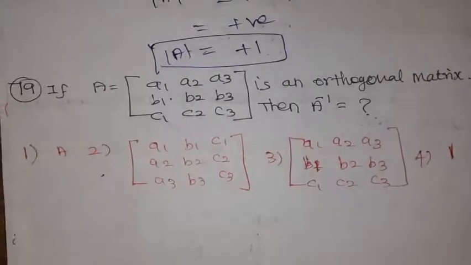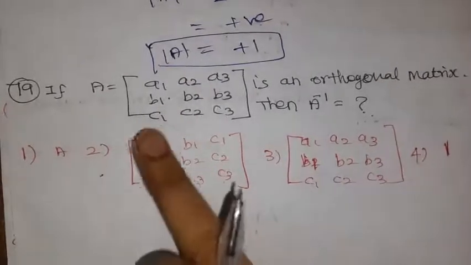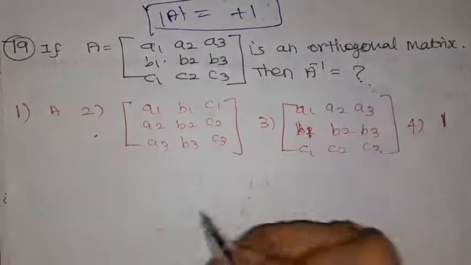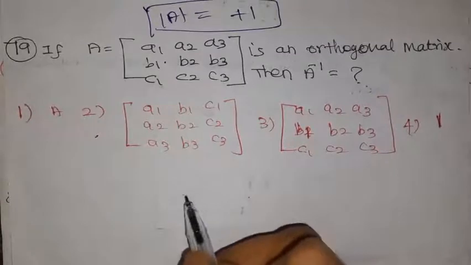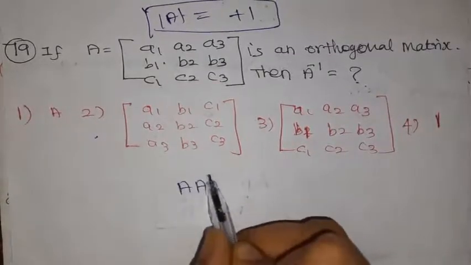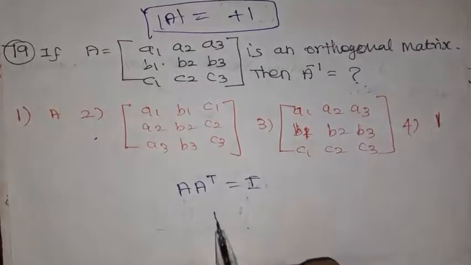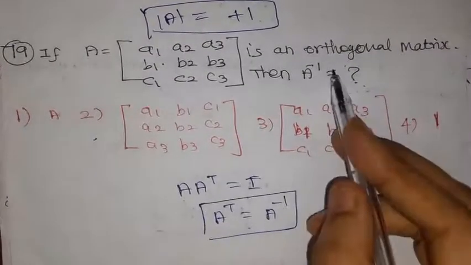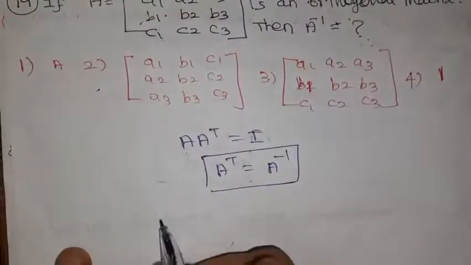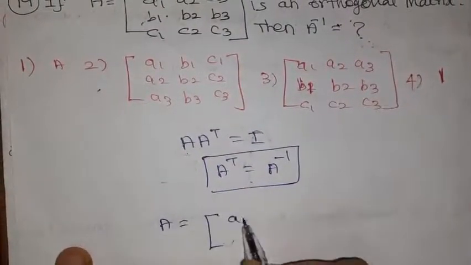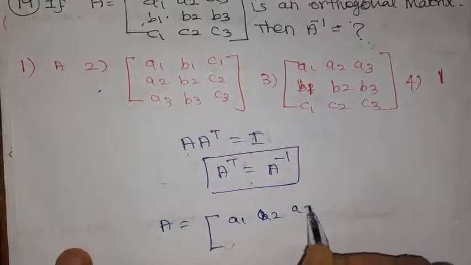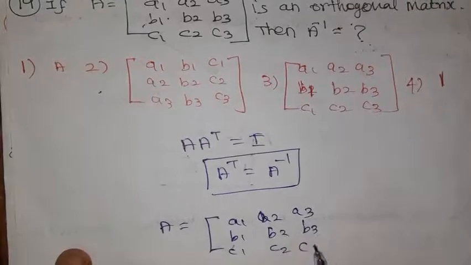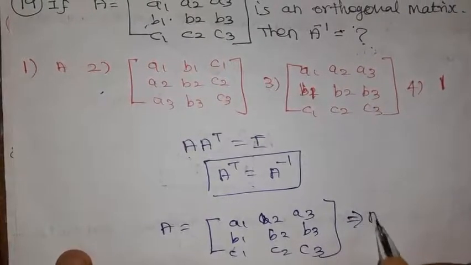Then question number 79. If A equal to the matrix with rows A1 A2 A3, B1 B2 B3, C1 C2 C3 is an orthogonal matrix, then what is A inverse? As I told earlier, for an orthogonal matrix, A transpose equals I, which means A transpose equals A inverse. So, we need to find A inverse. What is given? A is given. So, what is A inverse actually?